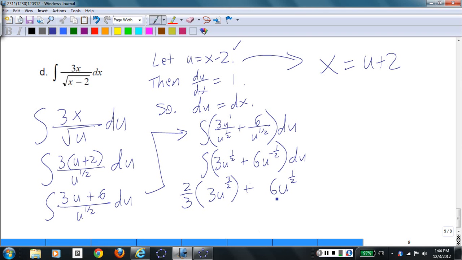And then we have to divide by 1/2, which is equivalent to multiplying by 2. So 6 times 2, and then plus c. So we're going to have 2u to the 3/2 plus 12u to the 1/2 plus c.